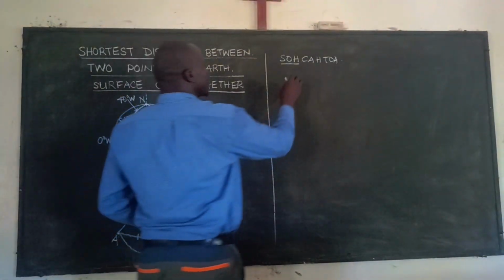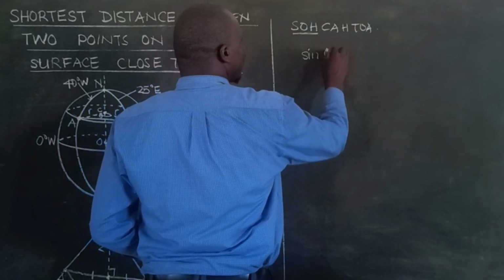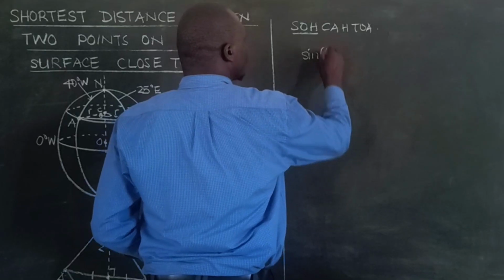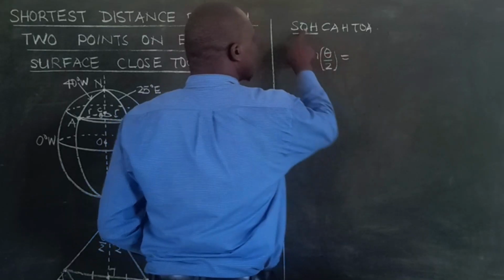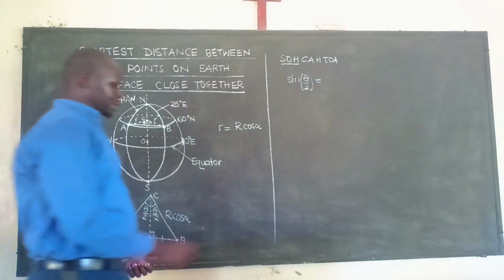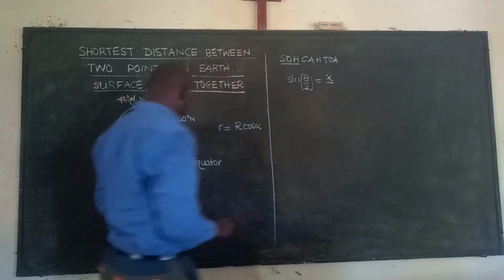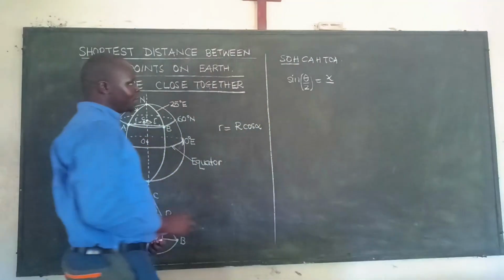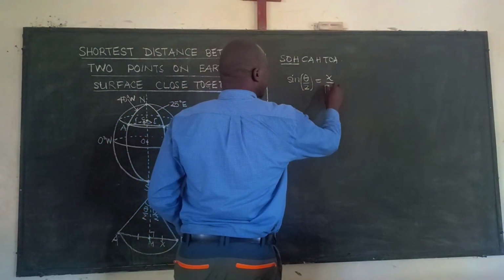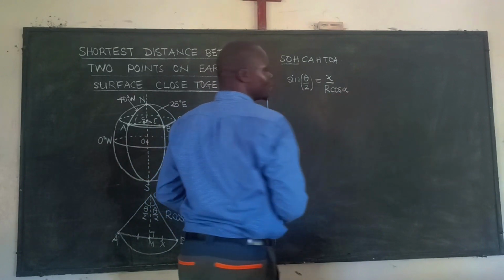So we have here sine of any angle like theta over 2 is given by the opposite, and from here our opposite is x over hypotenuse. Our hypotenuse is CB, that is r cosine of angle alpha.